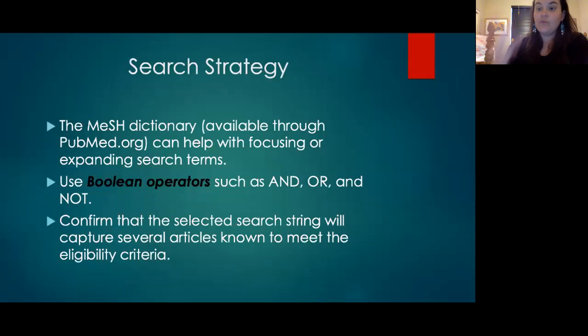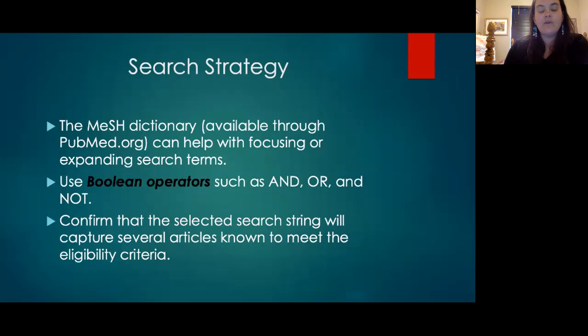Again, this is a review from the last lecture, 3.1. The MeSH dictionary, which is available through PubMed and is discussed using Pamela Buzzard's resources in the VB-Learn shell, can help with focusing or expanding search terms. You really want to know what Boolean operators are necessary.